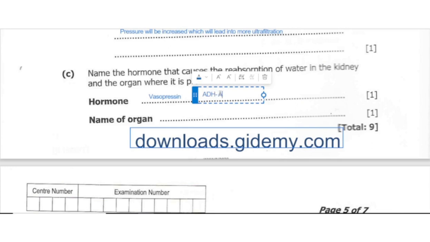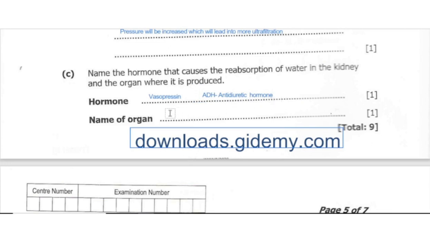A and then D, antidiuretic hormone. So this is the hormone that instructs the kidney to reabsorb water.